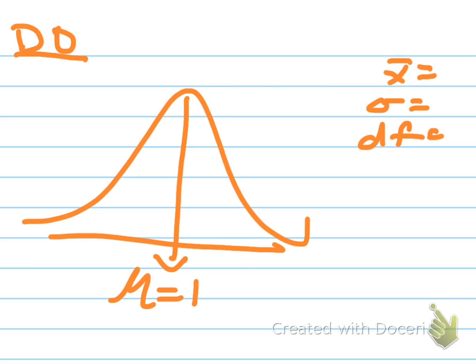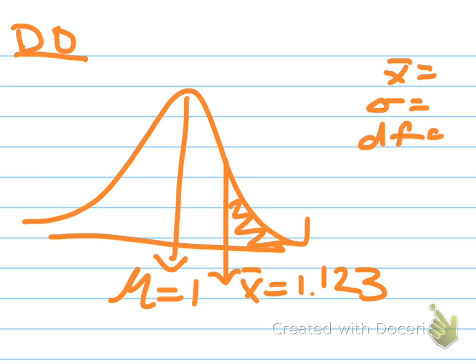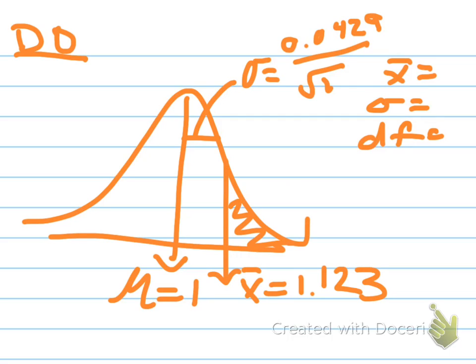When you calculate, it gives you that x bar. The x bar I'm going to plot right here. X bar is 1.123. Already we have evidence that it's greater than 1. We just want to know how significant that is. For our standard deviation, we take the Sx they give us, 0.0429, and divide it by the square root of 11.